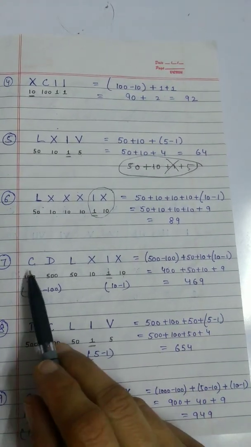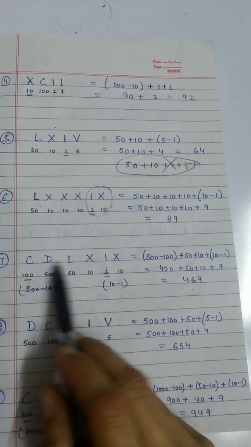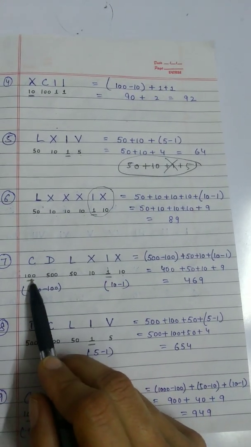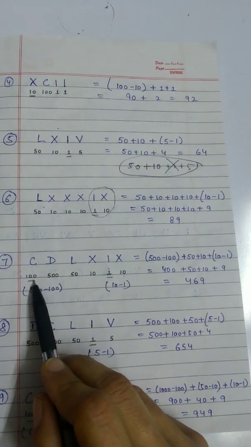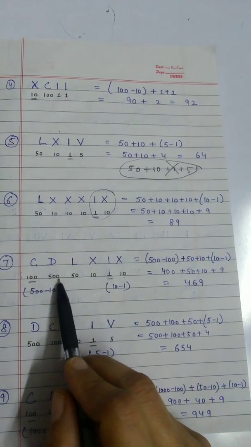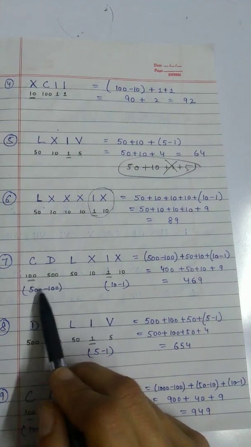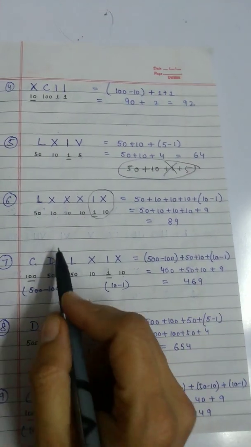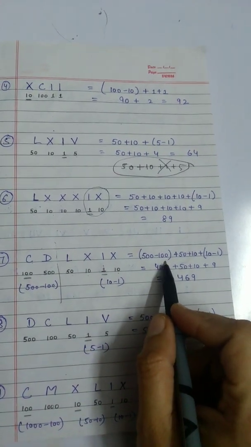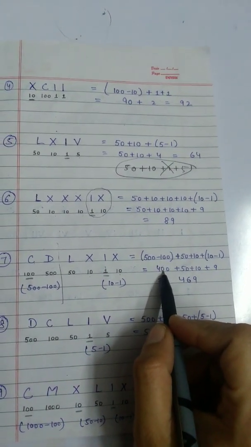Now look at this pattern. Leave the symbols, just look at the values written down. 100, 500. Small, big. So smaller will be subtracted from the bigger one. So it becomes 500 minus 100, which will be 400.